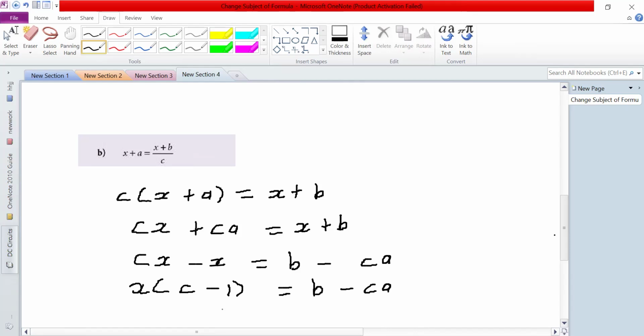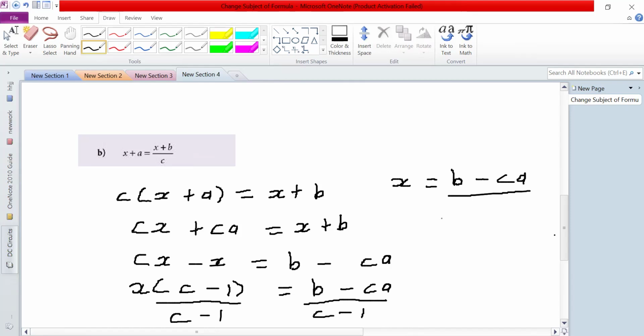The next thing that we do is divide both sides by c minus 1. Then our final answer, after making x the subject of formula, x is equals to b minus ca all over c minus 1. Let's look at another example.